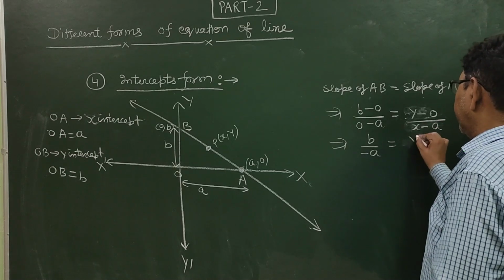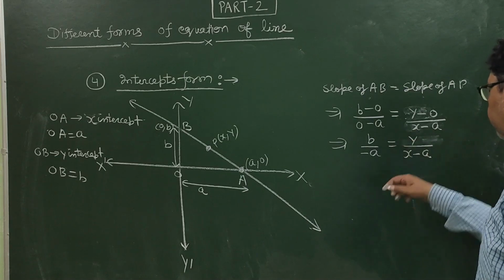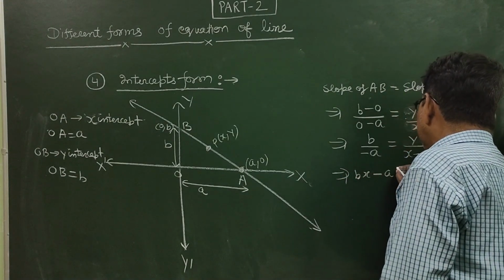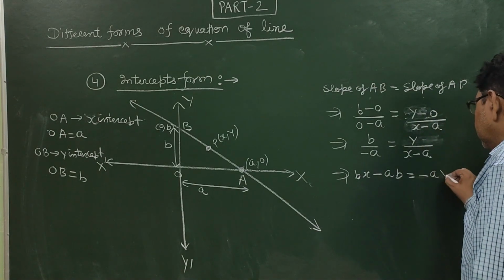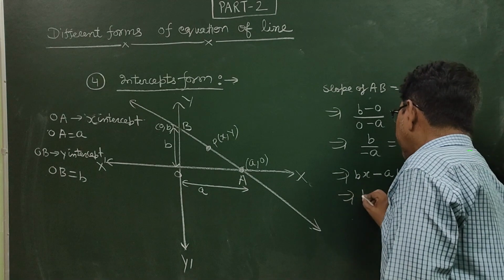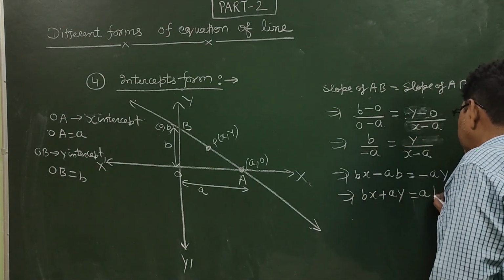So we get y upon x minus a. If we cross multiply, then bx minus ab is equal to minus ay. Keeping the variables x and y on one side, bx plus ay is equal to ab.